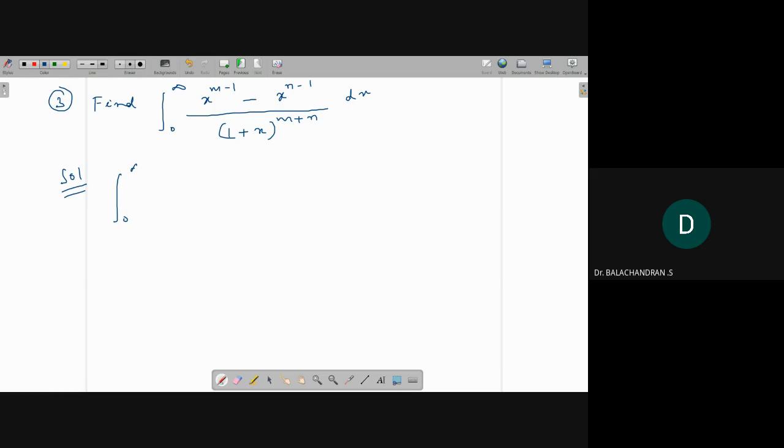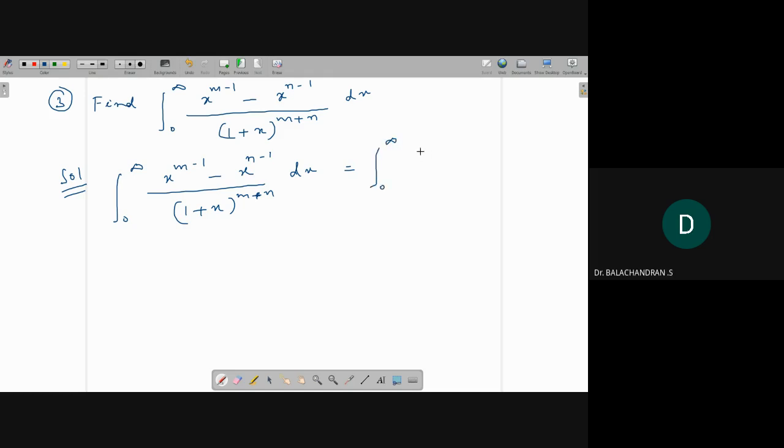Integral 0 to infinity x power m minus 1 minus x power n minus 1 by 1 plus x whole power m plus n. So please tell how to proceed to the next step. If you know, you can tell. Sir, we can divide x power m minus 1 by 1 plus x whole power m plus n, that is, splitting the function.